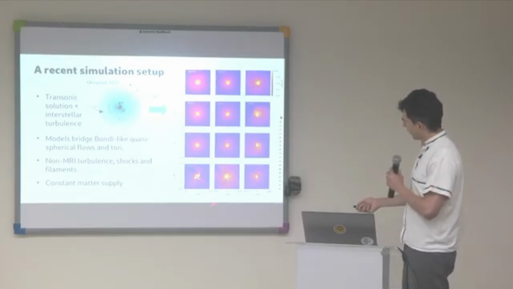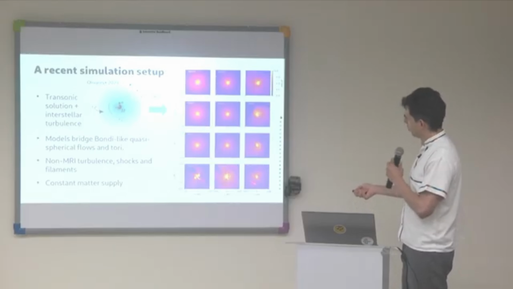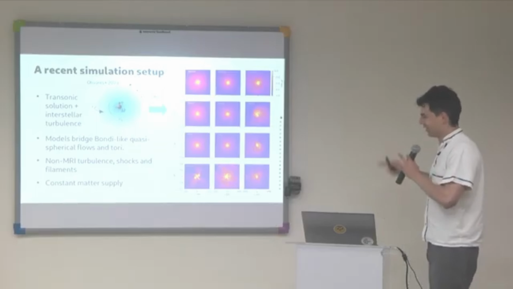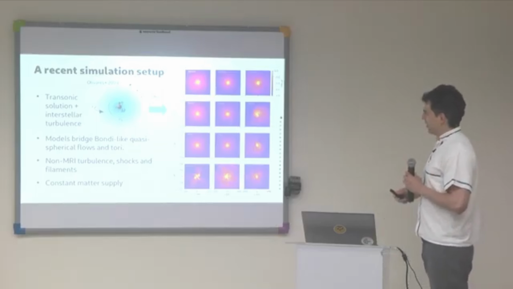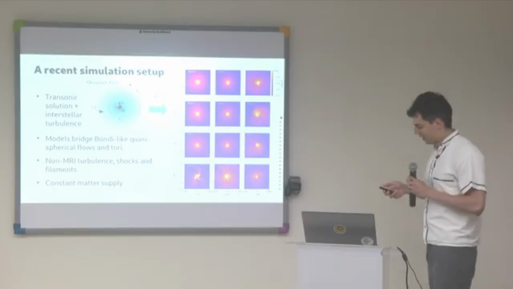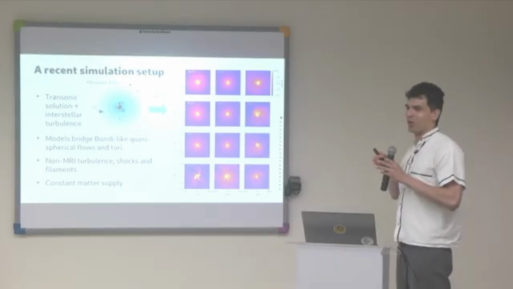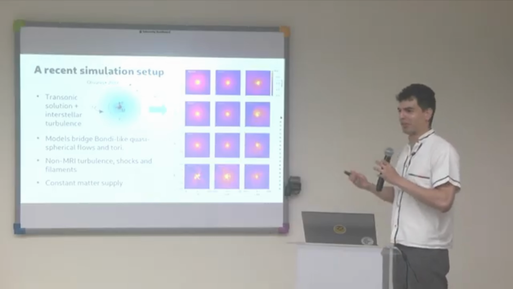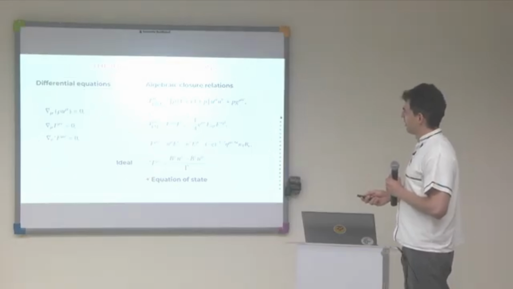And of course, one has combinations of the two extreme scenarios. But, well, this is just to mention a bit about my own work in going beyond the typical models you see in simulations.